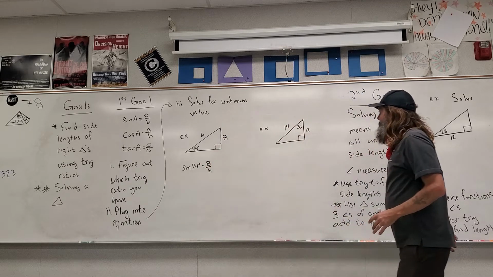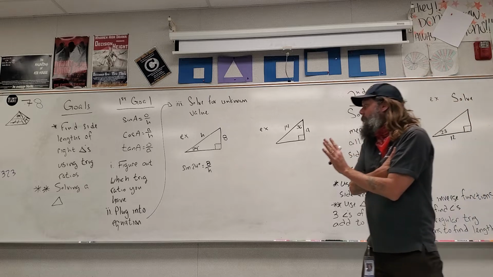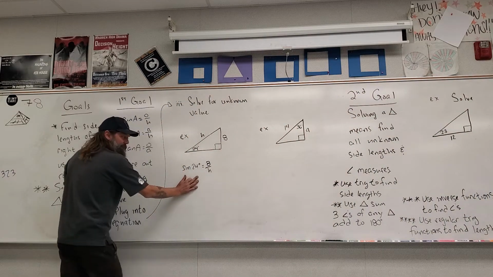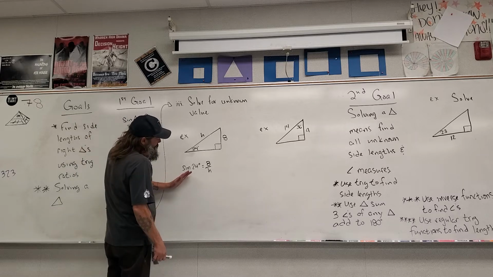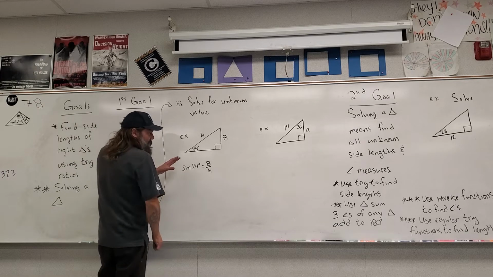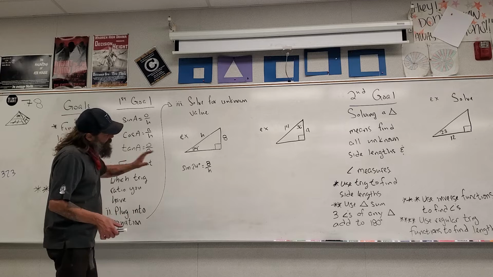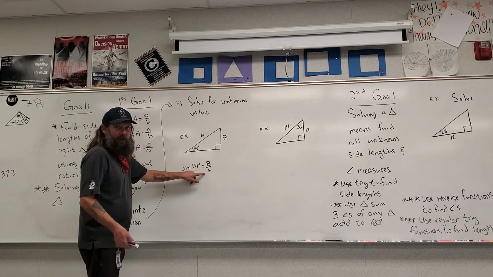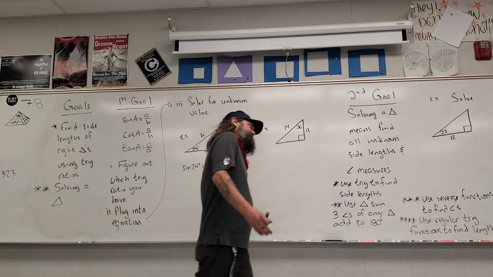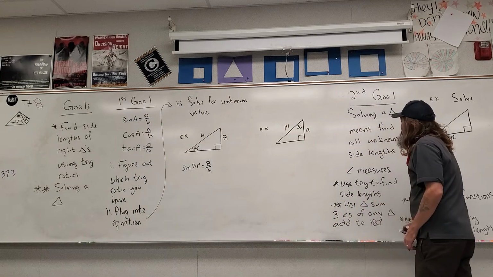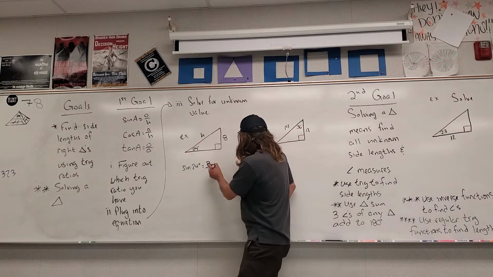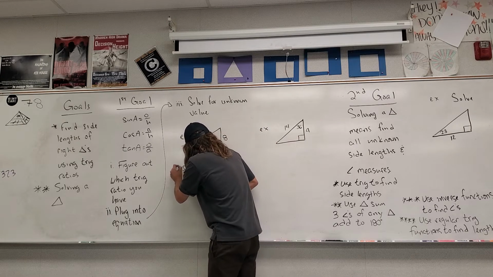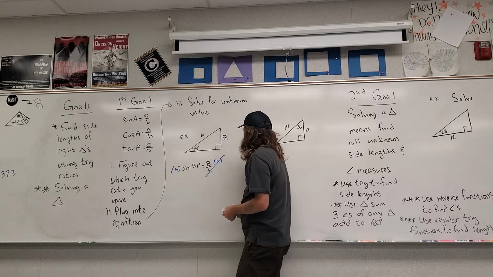Now, you might think that sine of 24 is an unknown value, but this has a value. At an angle, there's a y-coordinate. So we could actually plug this into the calculator right now and get a value. This is the unknown value, not the sine, but the h. So let's get rid of the fraction, and we'll do that by multiplying everyone by the denominator. So this side gets an h, and this side gets an h. These cancel each other out.